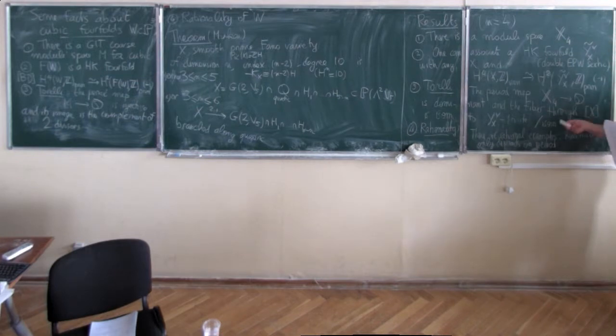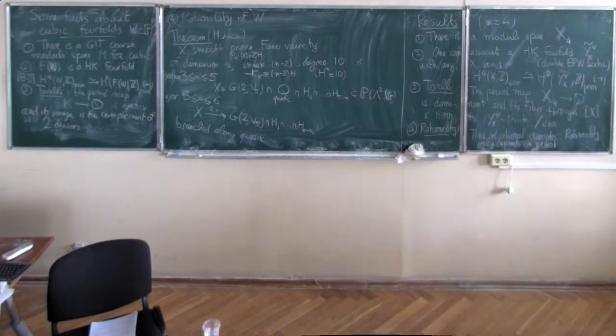The associated EPW sextic or double EPW sextic is actually birationally isomorphic to the Hilbert scheme of two points over a K3. So the situation is very much like in the case of a cubic fourfold.